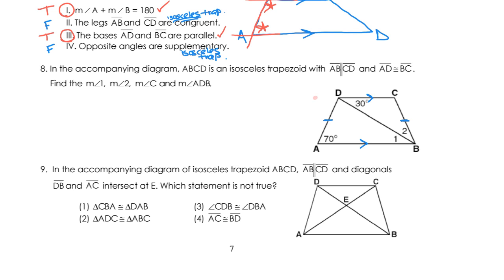So again, I'm going to trace over my parallel sides, trace over my transversal, and the same thing happened in the last one. We have an angle here between the parallel line and the transversal of 30, and so we're going to have that same situation down here with angle 1. It's also between the parallel line and the transversal. Those are alternate interior angles. And so angle 1 is going to become 30 degrees.